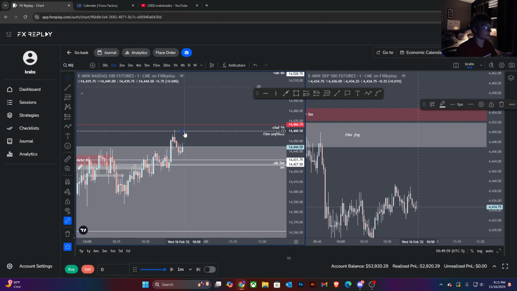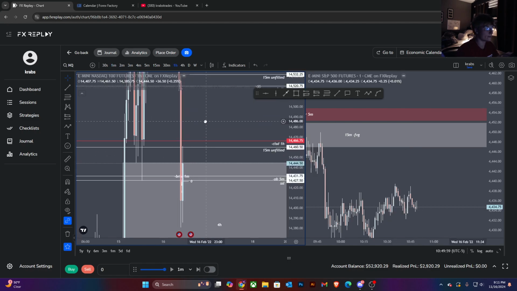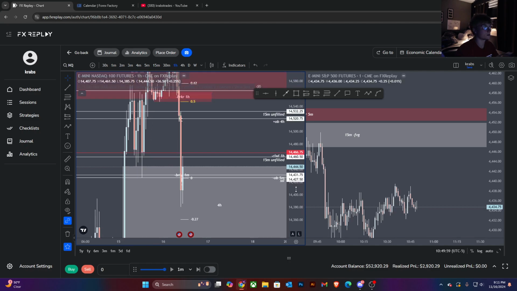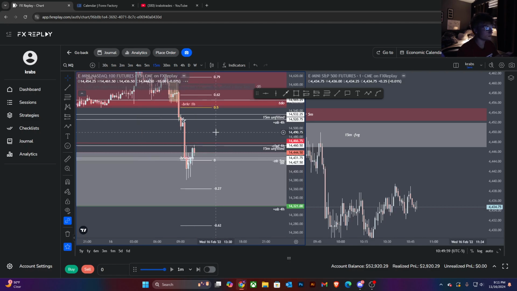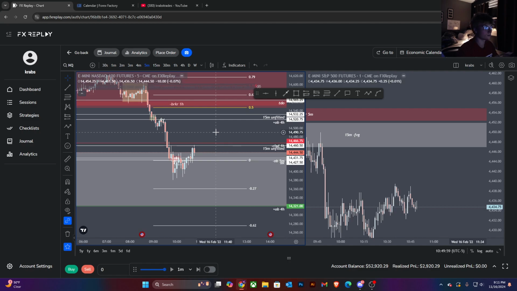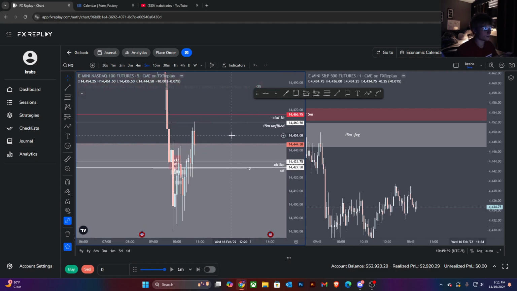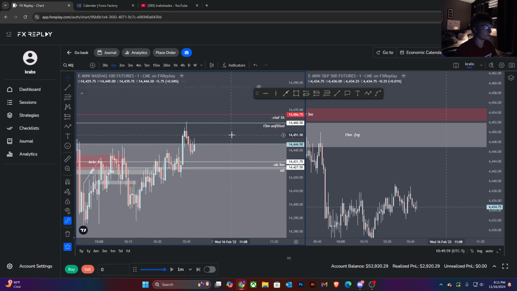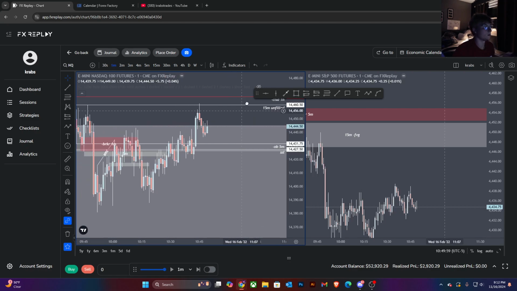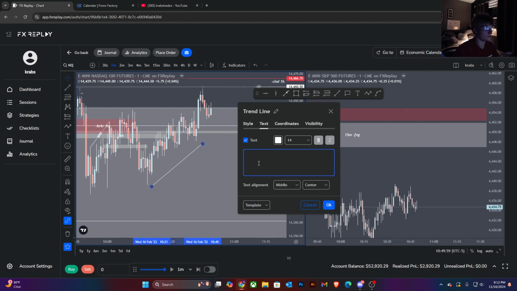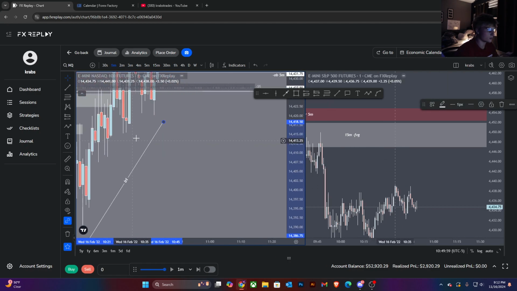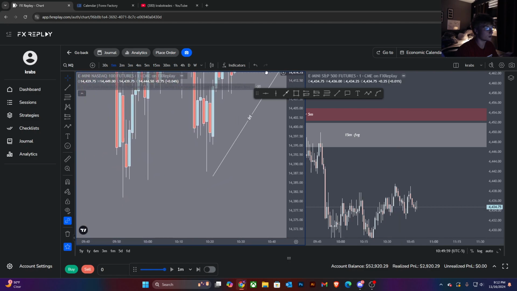Alright, tap that 15, retapped this breaker block area as well, this wick. Ton of LRL below. See if we got equal lows in this. We do not.